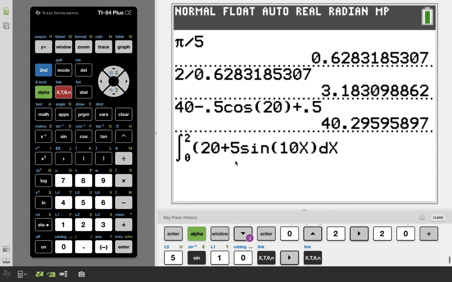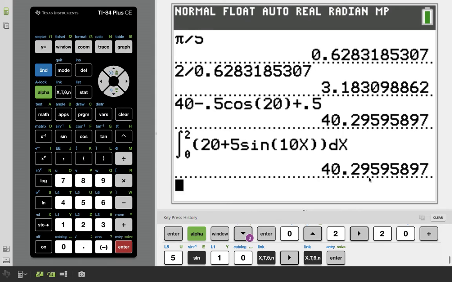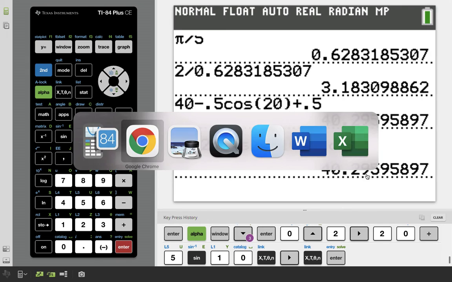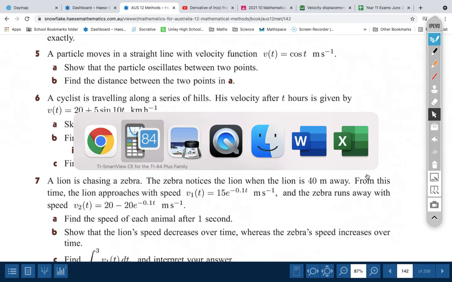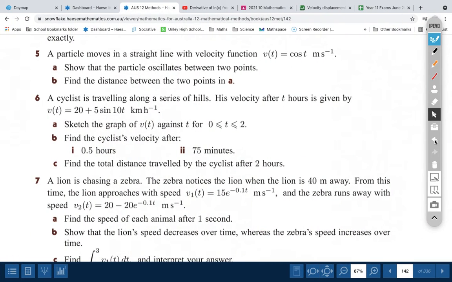And again, another reminder that if you're using the integral, you want to put your velocity in, not the antiderivative, which you've worked out. And now I should be getting the same number here. Yep. Sometimes the decimals can be slightly different. But there you go. Right. So it was 40.3 kilometers if we quote to 3 significant figures.